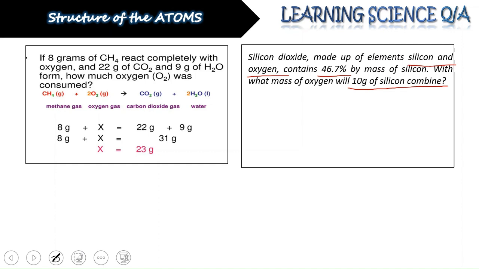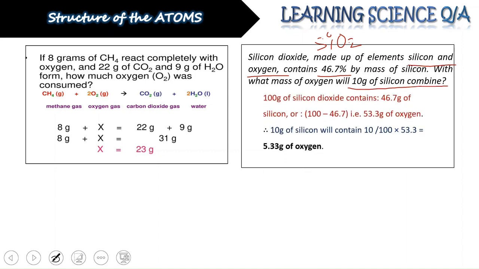Now, one thing that we understand from this is that 46.7% by mass is silicon in SiO2. That means the remaining percentage is the oxygen, and that is out of 100%.